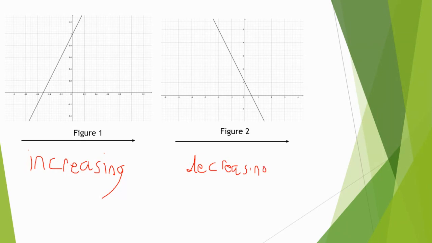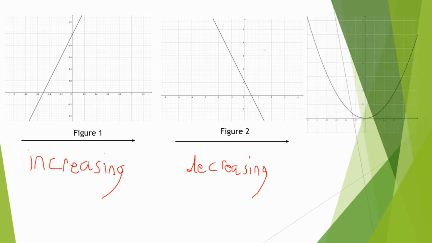So we have this example. Again, you can imagine walking along the graph. You can see that the graph is falling. You're walking down and to the right. Hence, your y values are getting smaller.